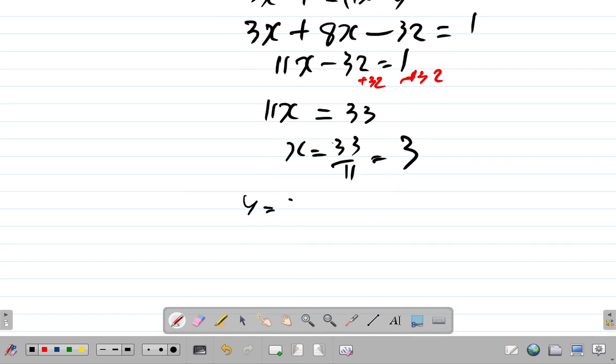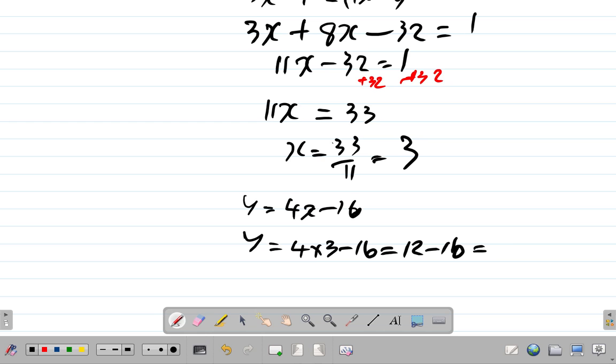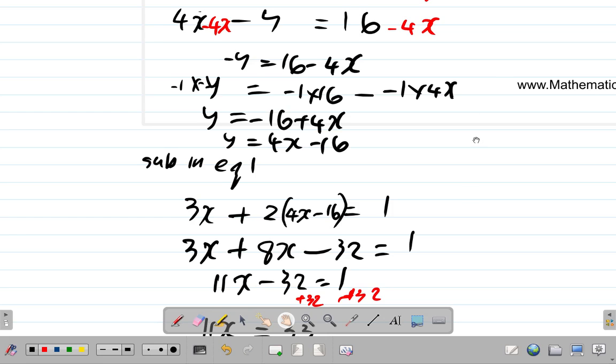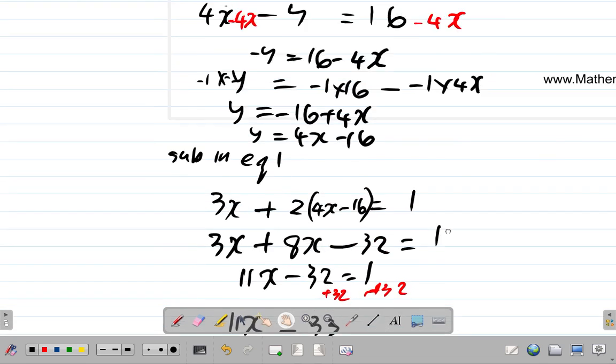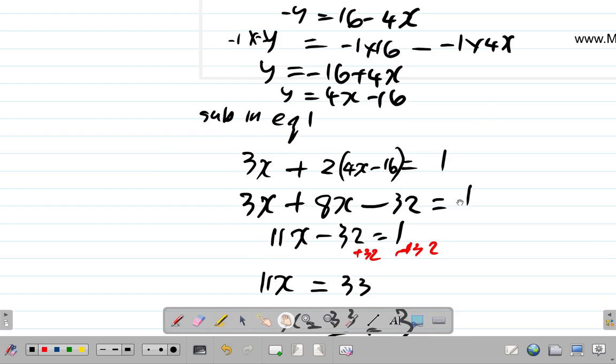So y equals 4 times 3 minus 16, which is 12 minus 16, which is negative 4. So we have y is equal to negative 4.